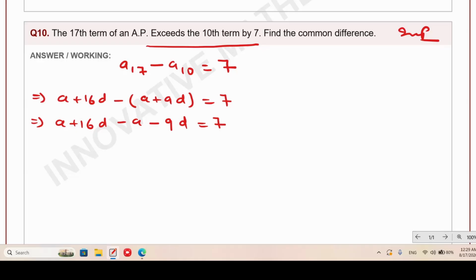You can see here this A minus A cancels. So 16D minus 9D is 7D. 7D equals 7 and D equals 1. So the common difference is 1.